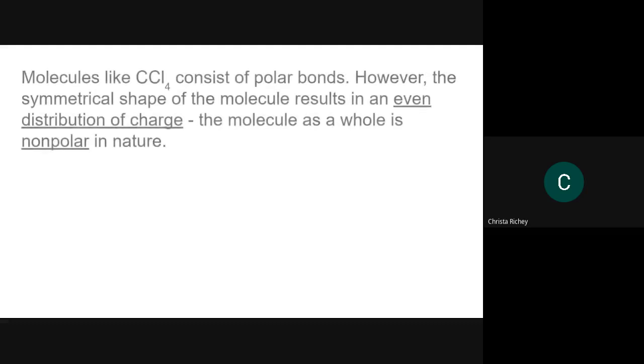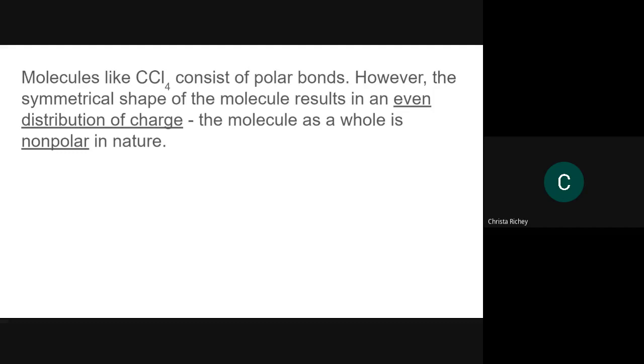It's for you. Some molecules are equally distributed, like carbon tetrachloride, which I haven't taught you how to name, but that's the name of that compound. Because the chlorines are perfectly distributed in this particular molecular shape, it doesn't have a distribution of charge. It's equally spread around that carbon molecule. That's called nonpolar. If you have one area that's negative and a different area that's positive, that's polar.